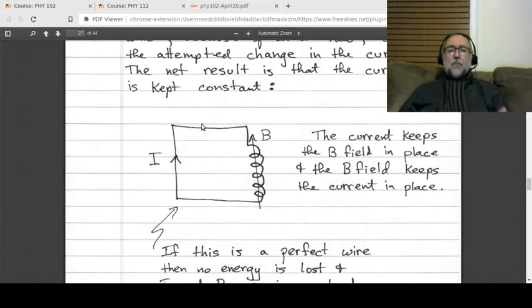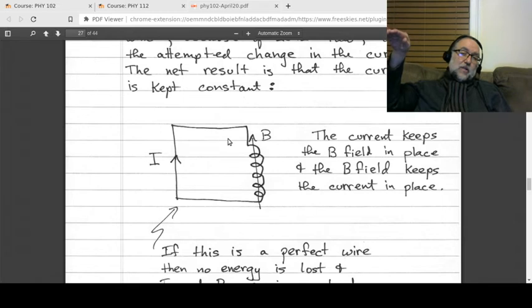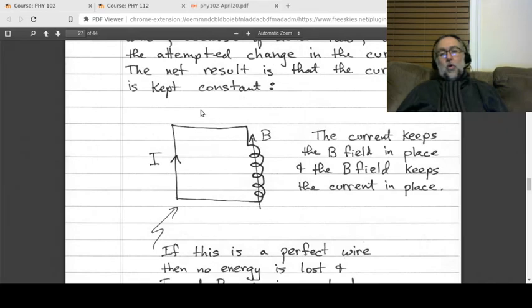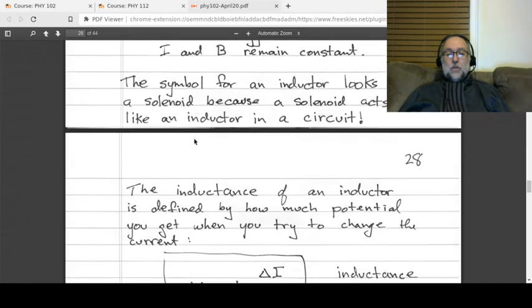That doesn't happen in reality because every wire has a little bit of resistance. But if the wires had no resistance, the current would just travel through this wire all the time, and the current would never increase or decrease, because if it tried to increase, the B field would bring it back. Or another way to think about it is any fluctuations of the current, which always occur because of whatever, the B field would always restore it back to its equilibrium value.